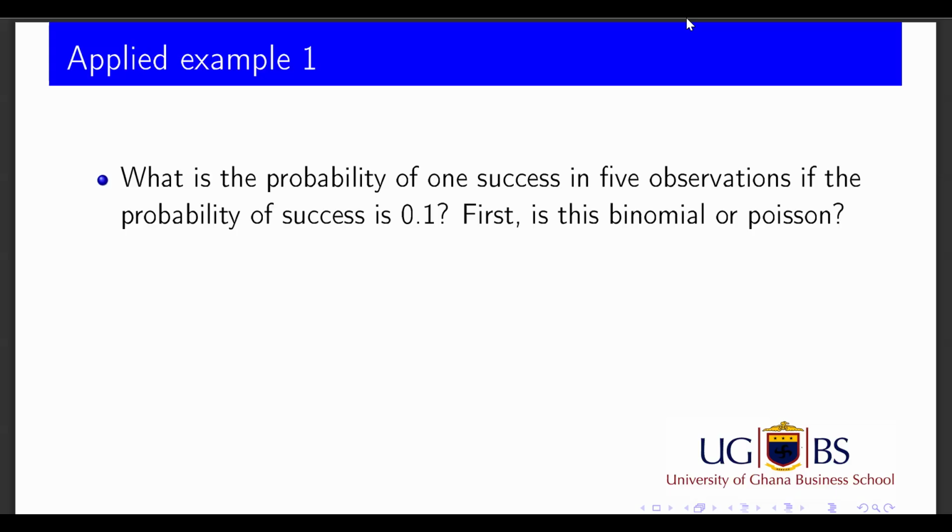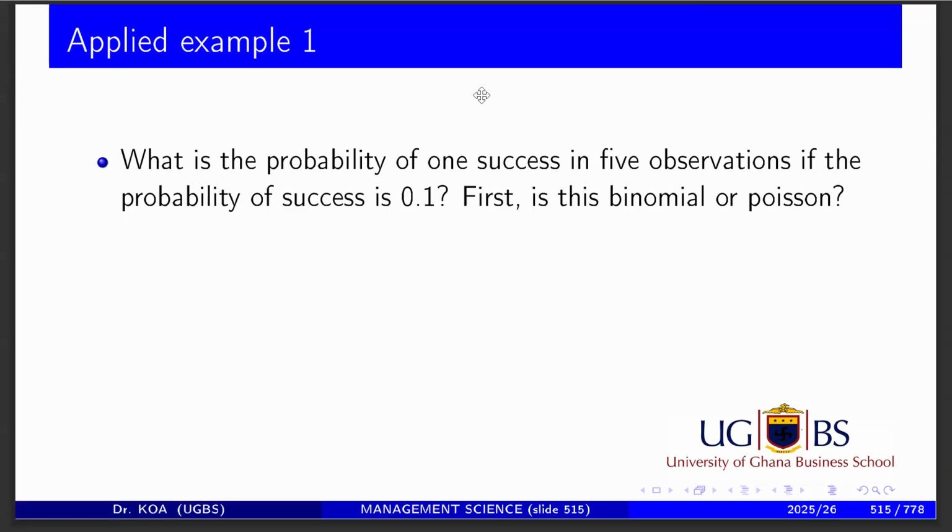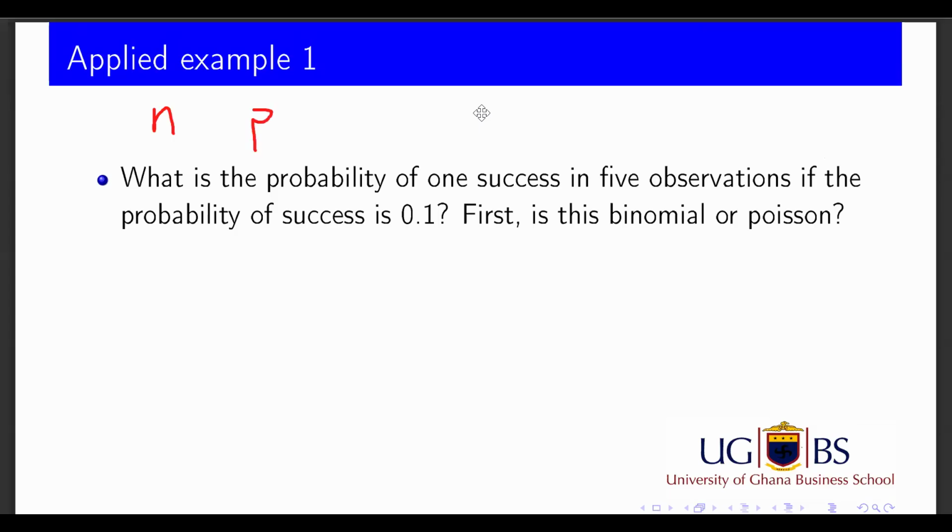Okay. Who has the answer? First of all, you have to identify the binomial, and once you identify it, find your n, find your p, find your 1 minus p. What is n? What is the sample size here? 5 observations.